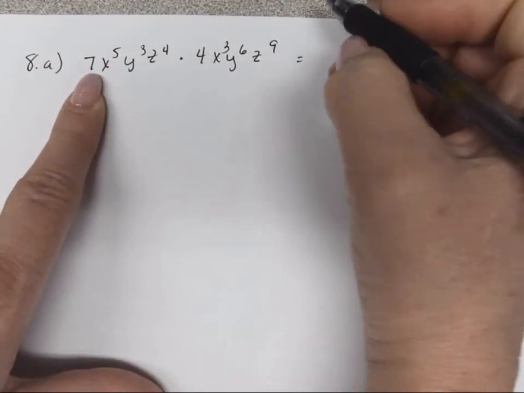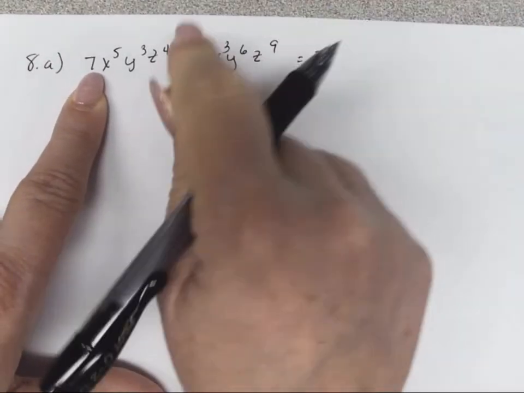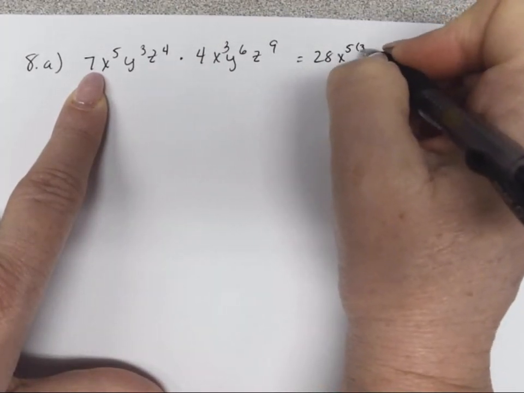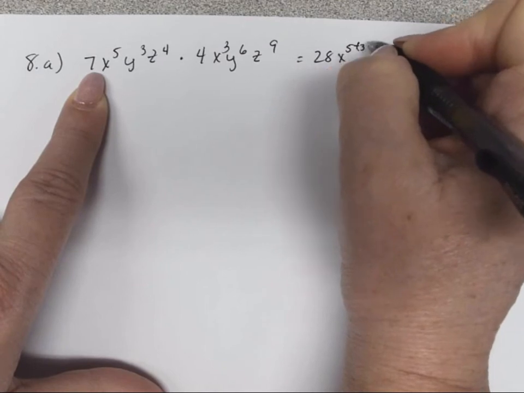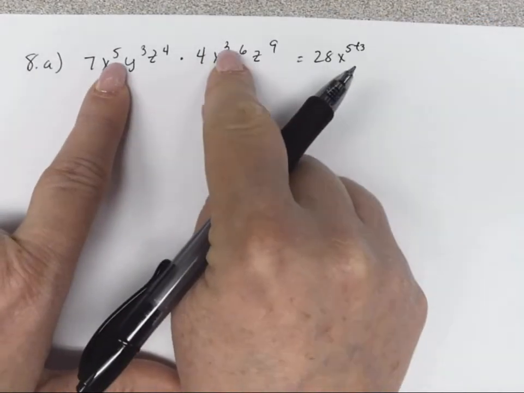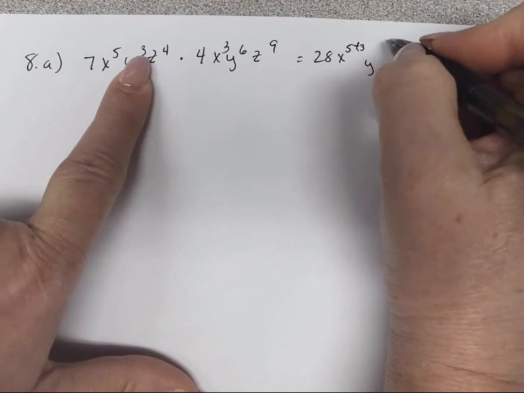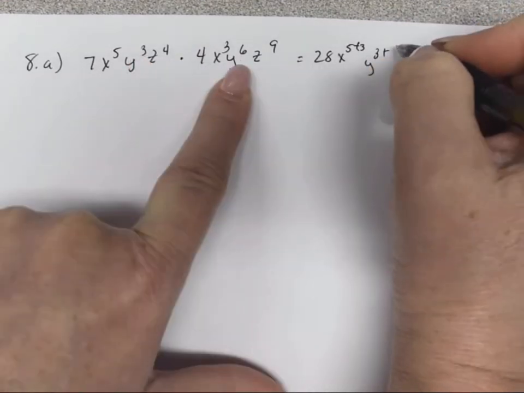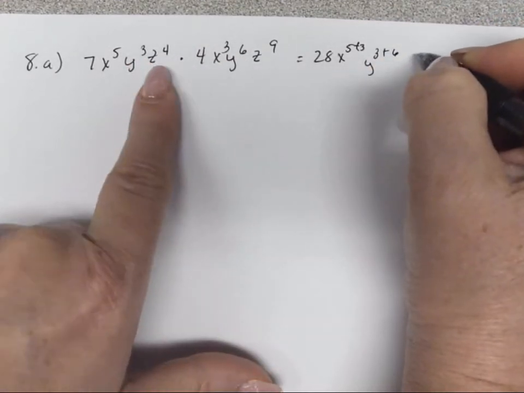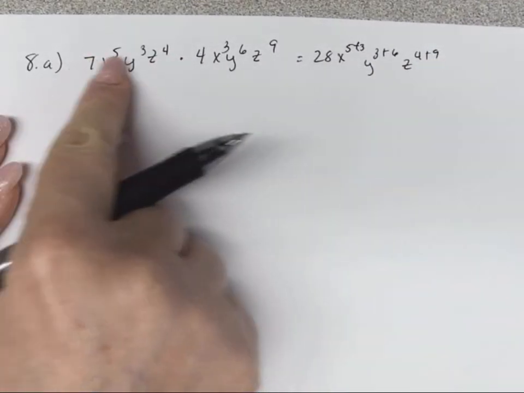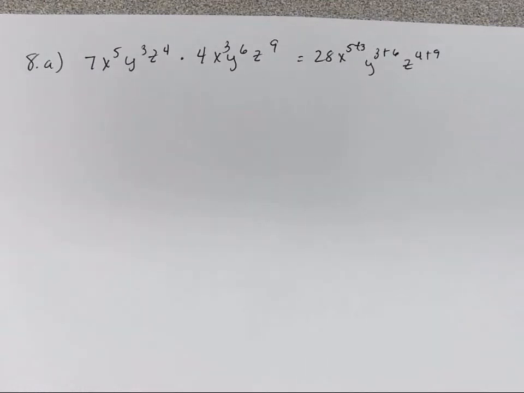So this will get us 28, because 7 times 4 is 28, x to the 5 plus 3, y to the 3 plus 6, and then z to the 4 plus 9. Because they're on the same level, all we do is add the exponents.